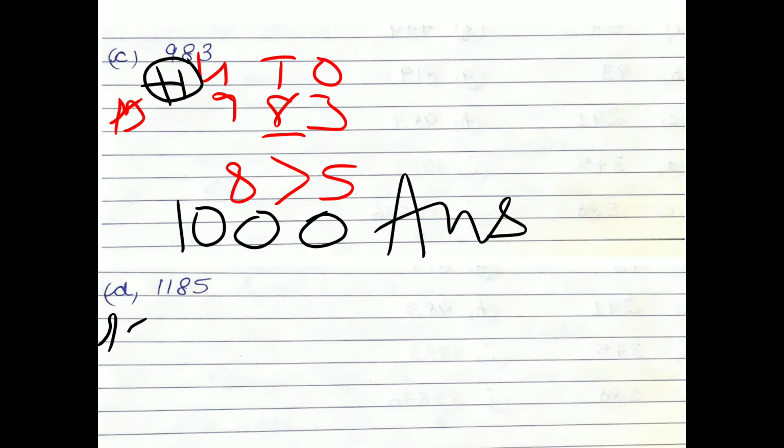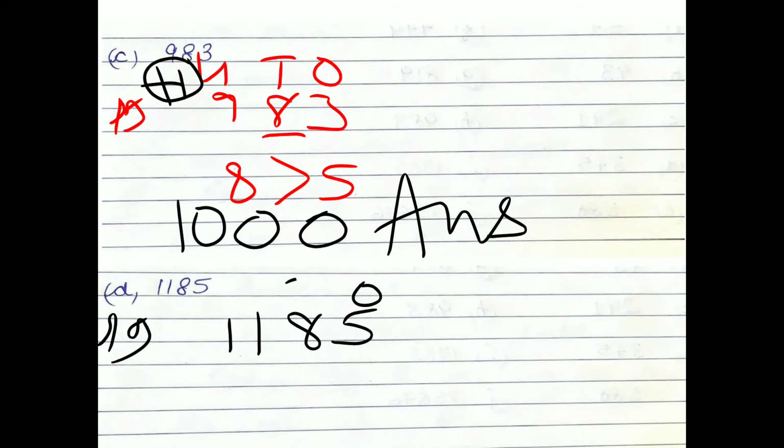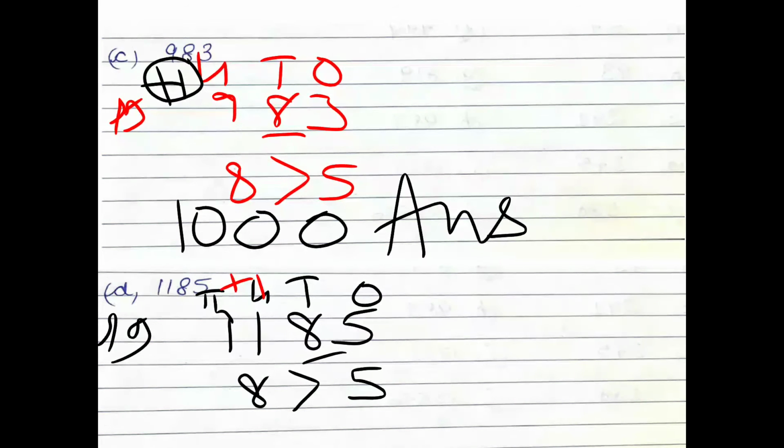Now we do D part. 1, 1, 8, 5. Above the number write down ones, tens, hundreds, thousands. Compare the tens place with 5. Your number is greater, so what do you do? You will add 1 on the hundreds place.